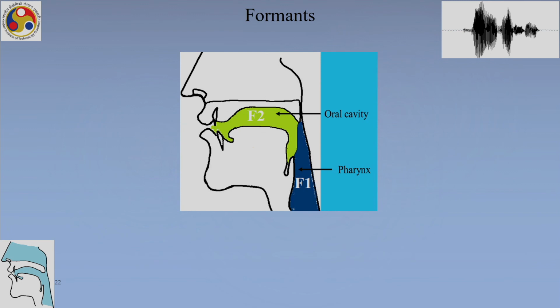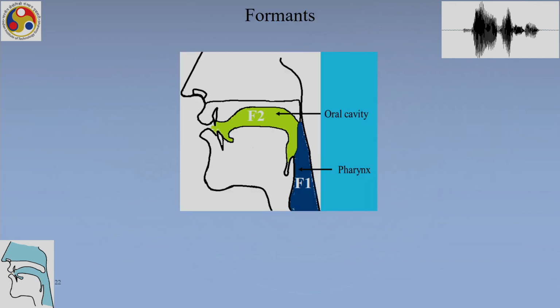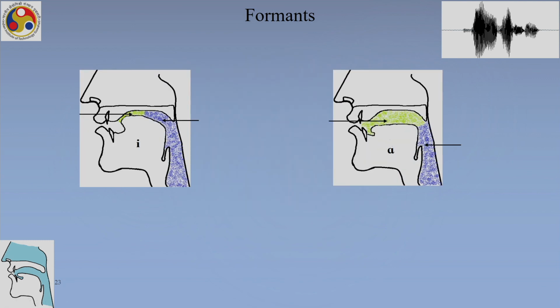So, formants, if we go back, we can see that these are formant frequencies, these peaks of energy which are the output of the resonant chamber. Formants get their properties mainly from the cavities, that is the oral cavity and the pharyngeal cavity.